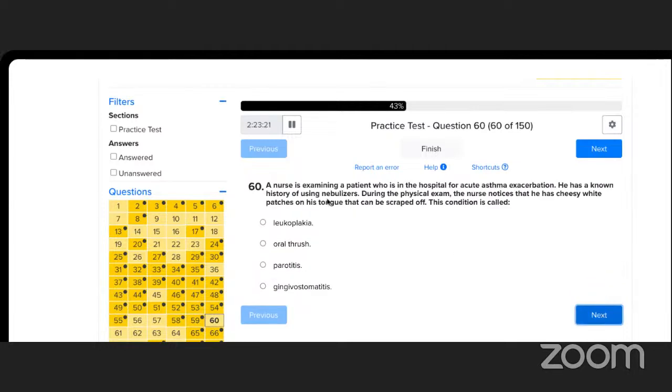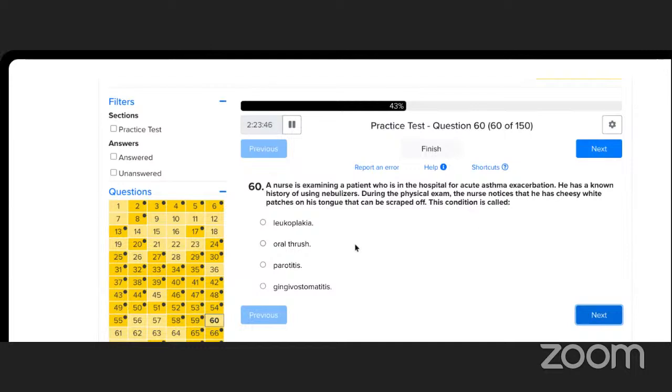A nurse is examining a patient who is in hospital for acute asthma. He is known to have a history of using nebulizers. During the physical exam, the nurse noticed that he has cheesy white patches. So you guys know, when a patient has cheesy white patches, what is this condition called?